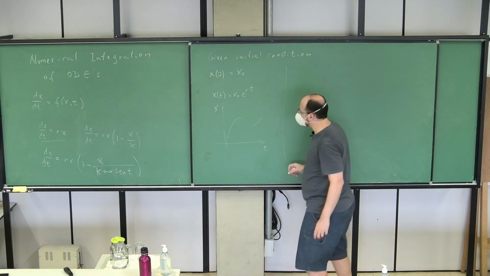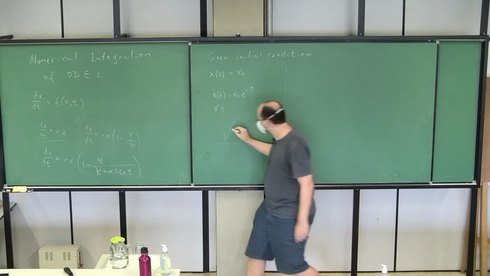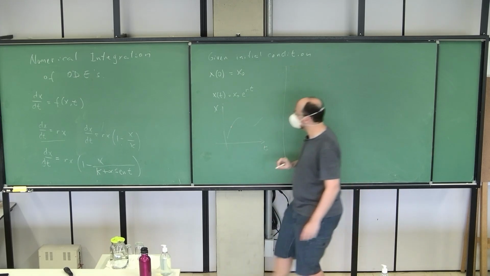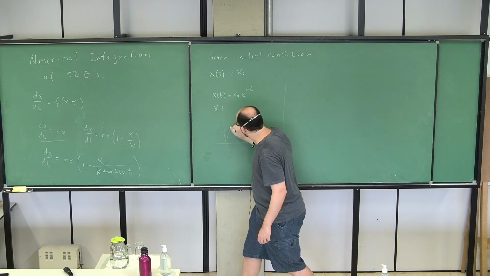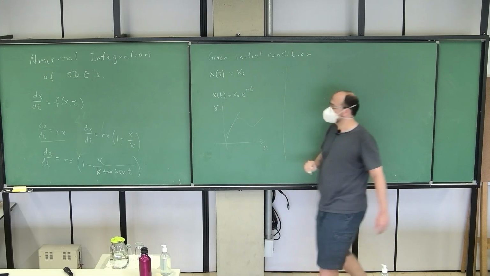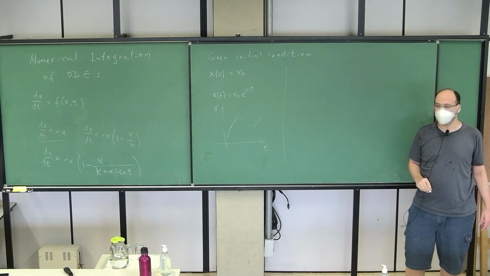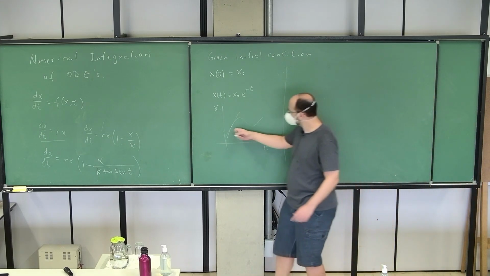It means that at each point here, I have this x as a function of t, and if I look at this point and look at the derivative, what is the derivative? It's the angular coefficient of the tangent line over there, okay?